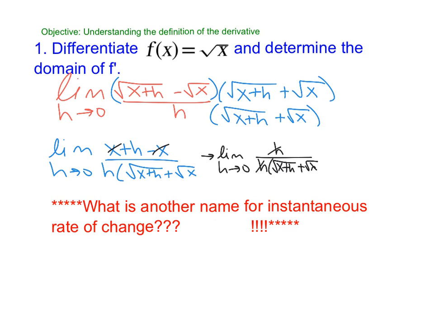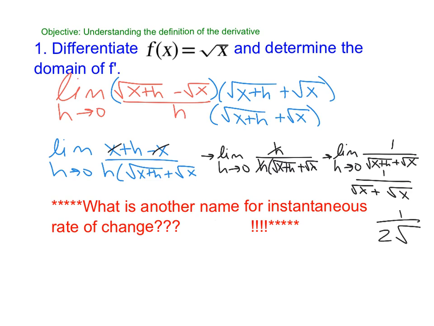The h's cancel out, so then we have the limit as h approaches 0 of 1 over. Now on the test, the biggest issue here was kids, you stopped. You forgot to actually plug the 0 in. So when you plug in the 0, you get 1 over square root of x plus the square root of x, which is 1 over 2 root x.